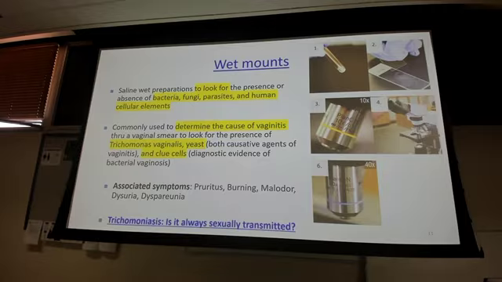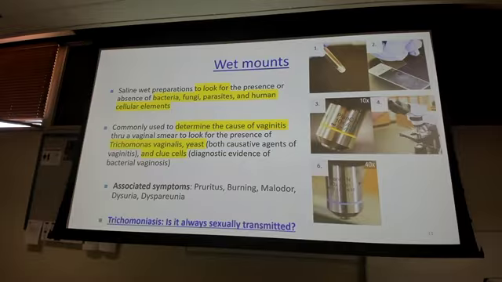All right, so a wet mount. You're looking for bacteria, fungi, parasites, and different cellular elements. You most commonly will do a wet mount on a female patient if she is exhibiting symptoms like itching or burning in the vaginal canal.